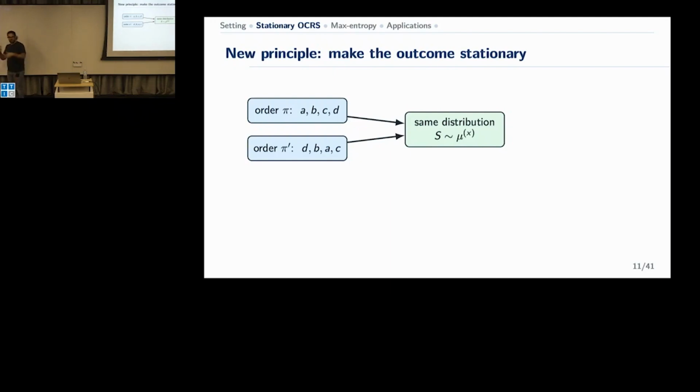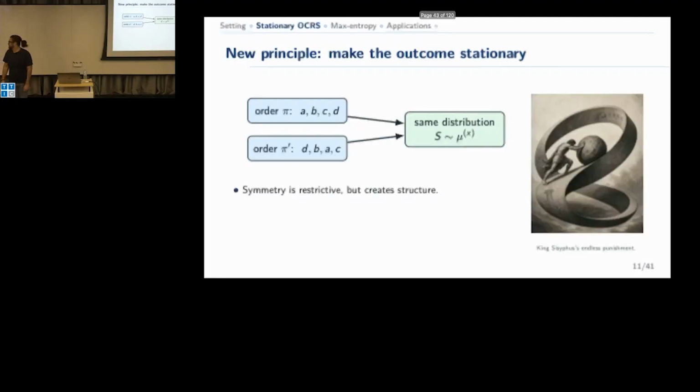Regardless of which one you pick, the algorithm should give you the same joint distribution over the subset of A, B, C, D that is selected. Let's say I add this restriction to my algorithm. And I claim that this symmetry is restrictive, but this created structure will help you design better algorithms.